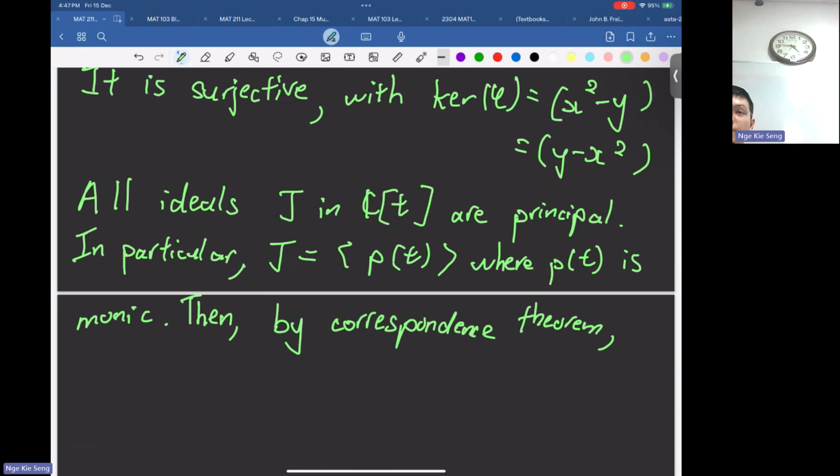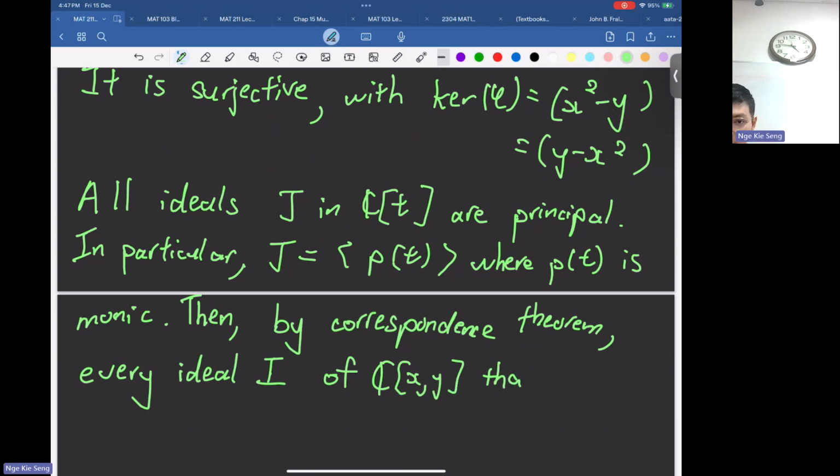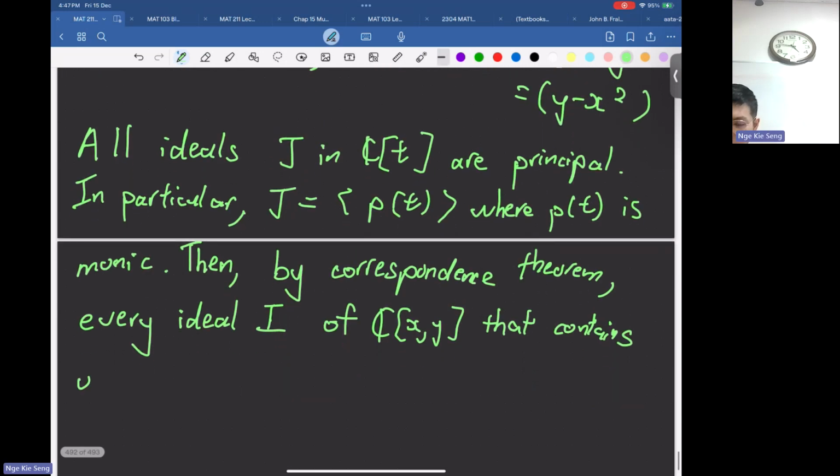How do we describe all the ideals that are in bijective correspondence to J? So how should we describe every ideal I of the domain that contains the kernel? What is its form? What's the form of it?